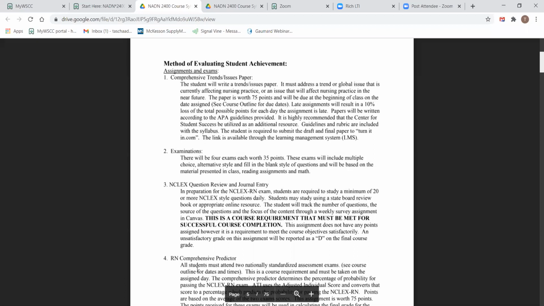You will go in under quizzes, and there should be a survey for each week. By the following week, so if we start Monday, the following Monday, you will have to have 20 questions completed daily.